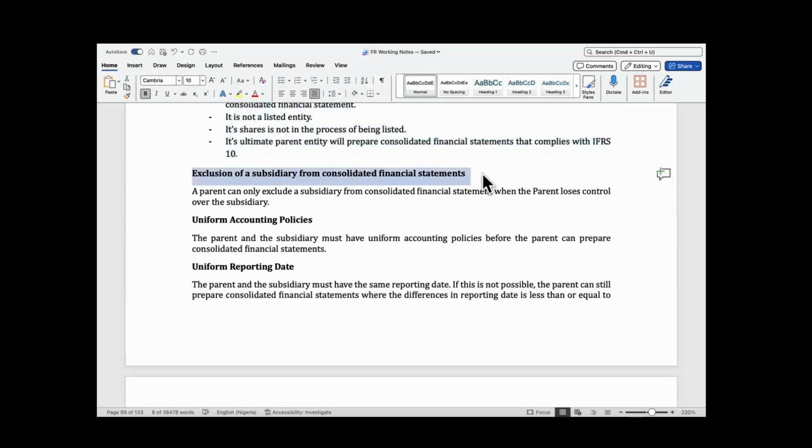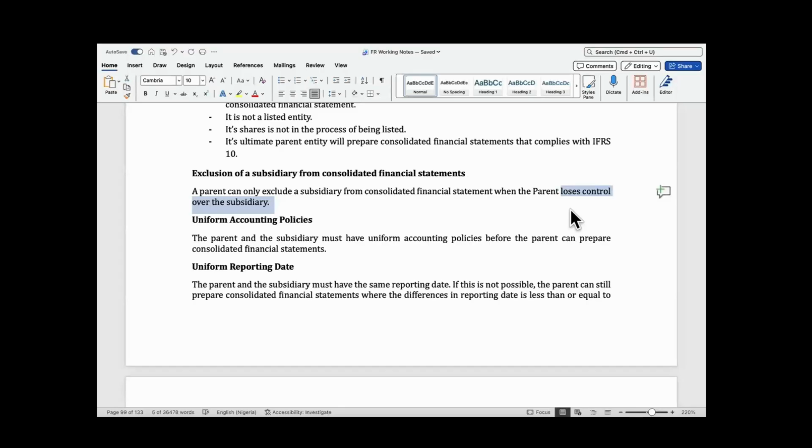Another one is exclusion of a subsidiary from consolidation. A parent cannot exclude a subsidiary from consolidated financial statements. You can only exclude when you lose control over that subsidiary, when you don't have control over it again. Before, people were using this for creative accounting.